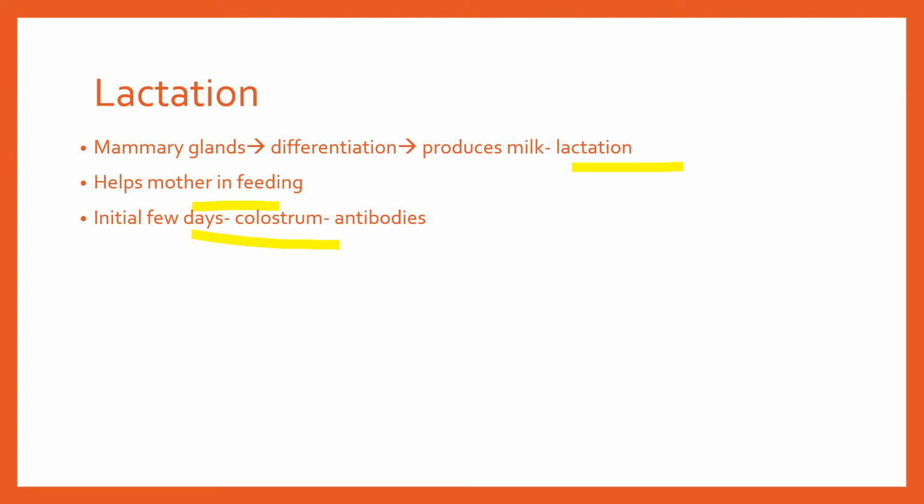This colostrum contains several antibodies, which are absolutely essential to develop resistance against diseases for the newborn baby, as the newborn is immunologically very inactive. So the antibodies need to be supplied through the colostrum-rich milk.